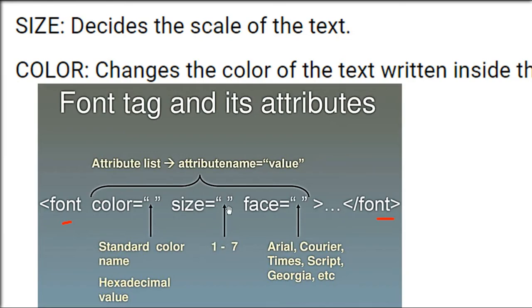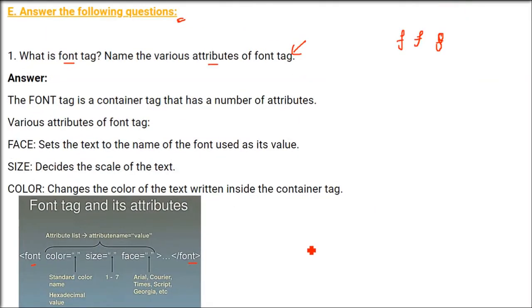For size, you can give a number of your choice, and the face can be Arial, Courier, Times, Script, Georgia. There are so many. And the color, of course, of your choice, standard color name you can also give. You can give the hexadecimal value also.